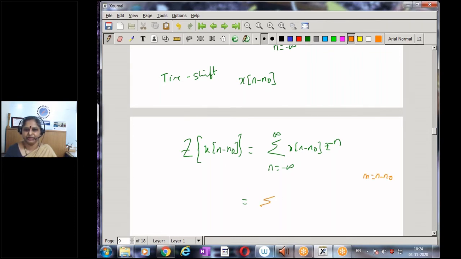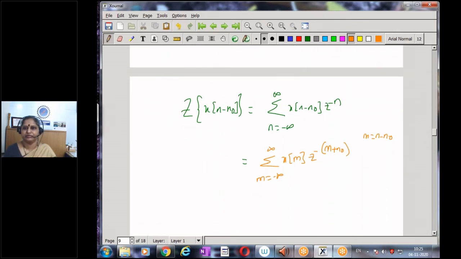If I do that, then my summation goes from, when n is minus infinity, m also becomes minus infinity. When n is plus infinity, again m goes to plus infinity. So for n minus n naught, I'm putting a new variable, x of m, z to the power of minus, what is n? n is m plus n naught.